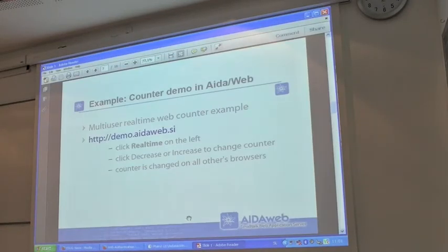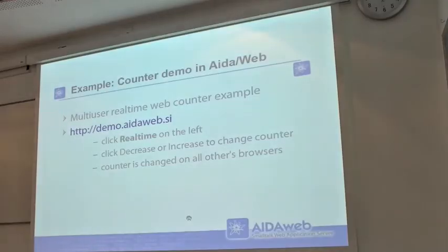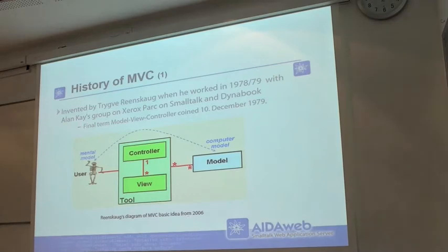Let me go back to the history. So the MVC pattern was invented by Trygve Reenskaug. Did I spell correctly? Trygve Reenskaug. When he worked with Alan Kay's group in 1978 and 79. So at the end of the 70s, at Xerox PARC, he worked on Smalltalk and also Dynabook aspects.